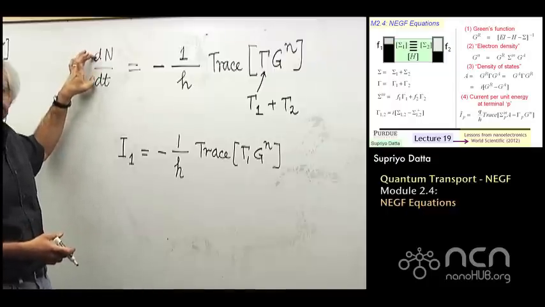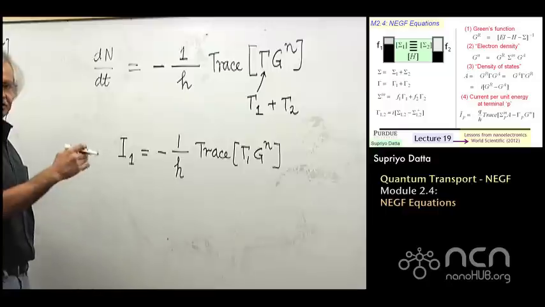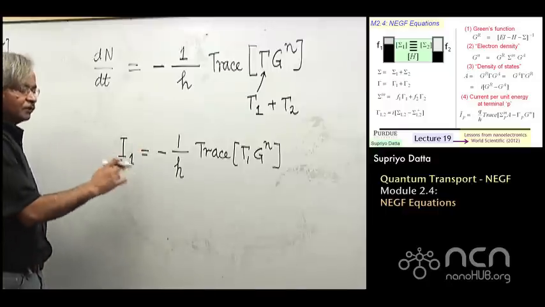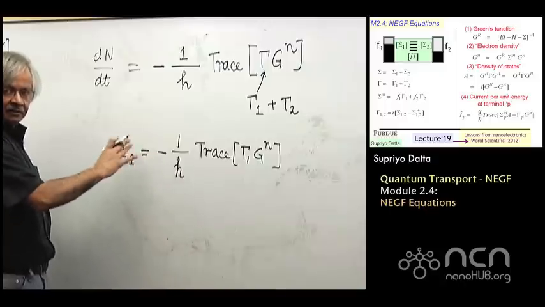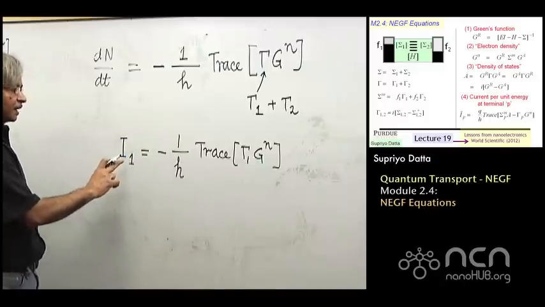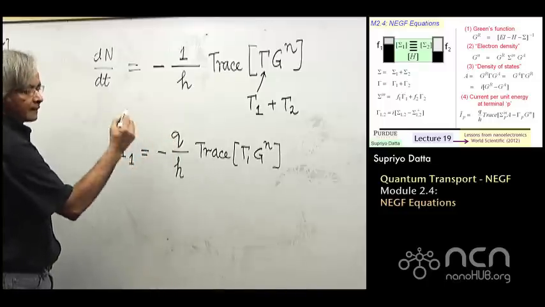That's the total current from the two contacts, which should add up to the rate at which the number of electrons is changing inside. Now, usually when we write current, of course, we write charge current. This one, the way it is written, would actually just give you the current per second, per unit energy. So instead, if you want the charge current, you should put a q here. Okay?